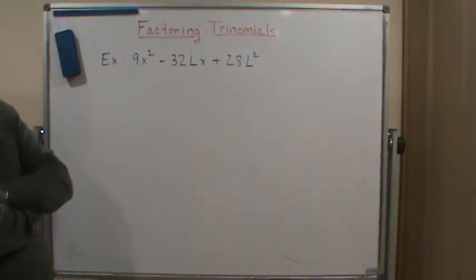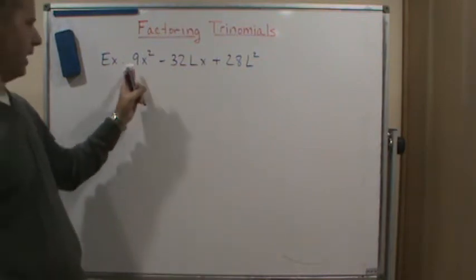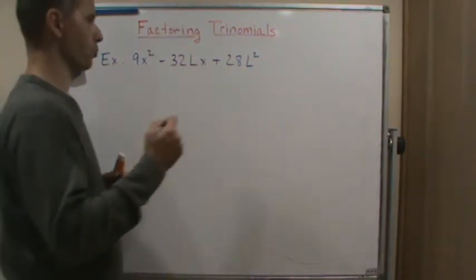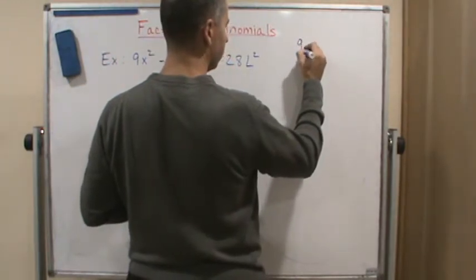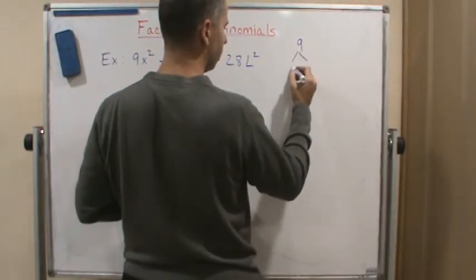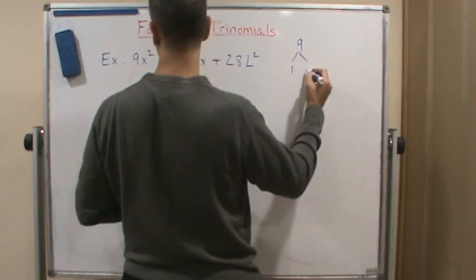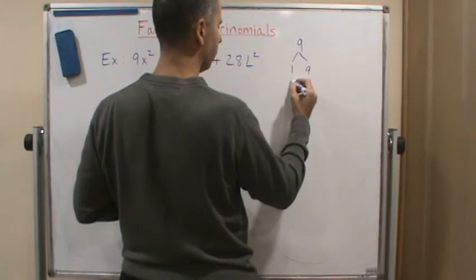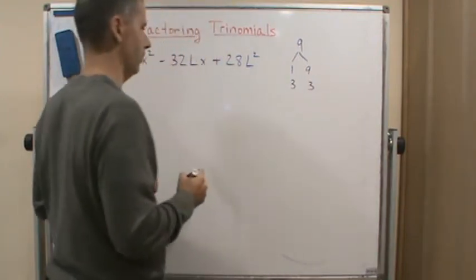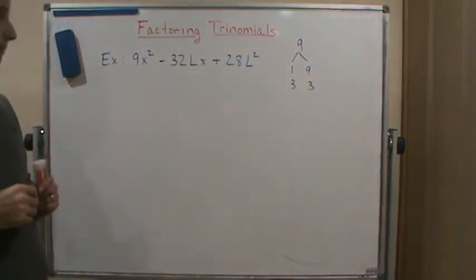But it has two pairs, right? So it's positive 9. So it could be either... right?